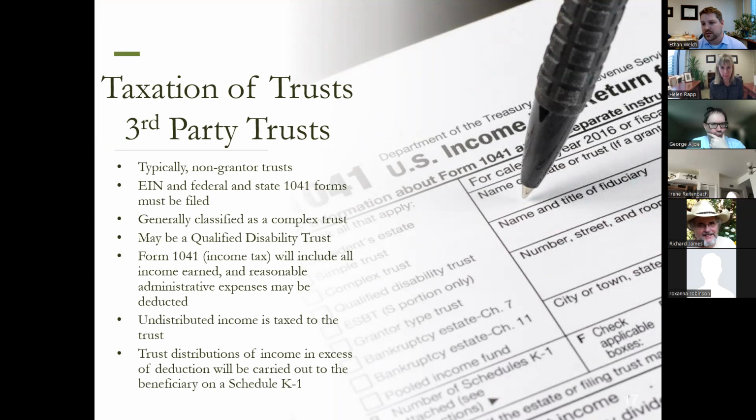There are advantages to having a third-party trust compared to another trust. You could be considered a qualified disability trust, so you get a higher exemption. There are better exemptions for special needs trusts and third-party trusts compared to other trusts.